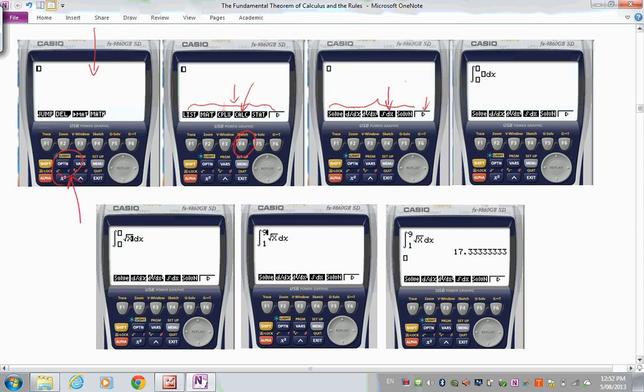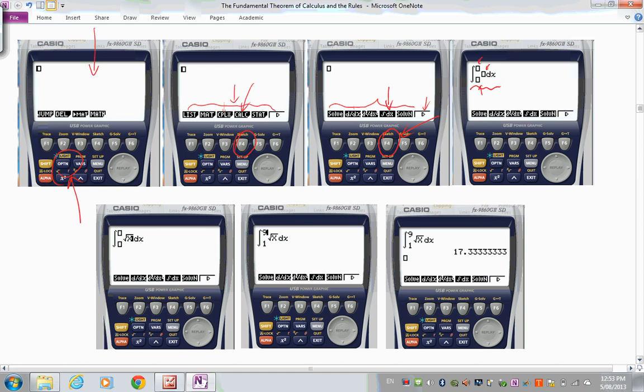Here we want the integral sign there, meaning the sum of an infinite number of rectangles. Remember, that's where that curvy S comes from, skinny S. So we want that one. So we're going to hit F4 there again, and up comes the integral sign. Now this is very friendly because you can actually enter everything you need in the holes. This is the Casio 9860 Plus, nice to use.